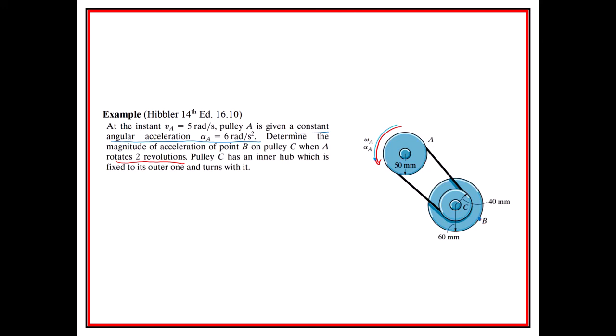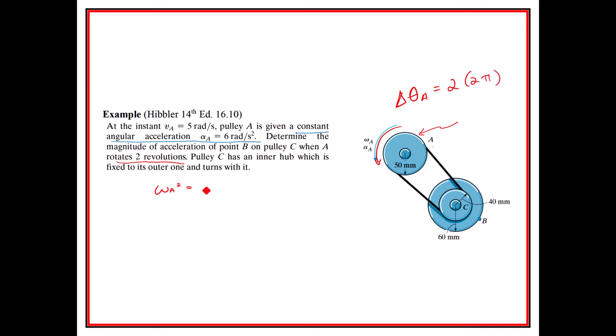So let's go ahead and figure out what the angular velocity of a point on A is going to be, or the whole thing. So the angular velocity, because the position has changed, delta theta A is equal to 2 revolutions, which is 2 pi, by the way.